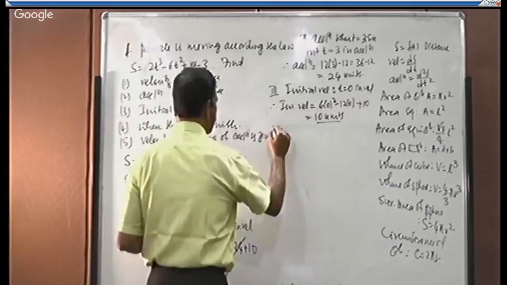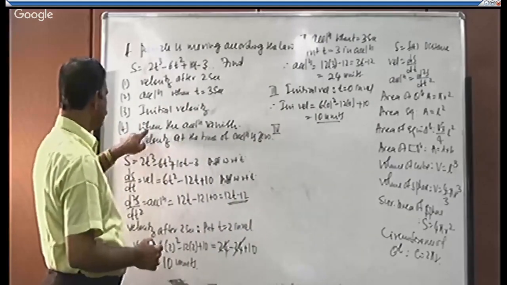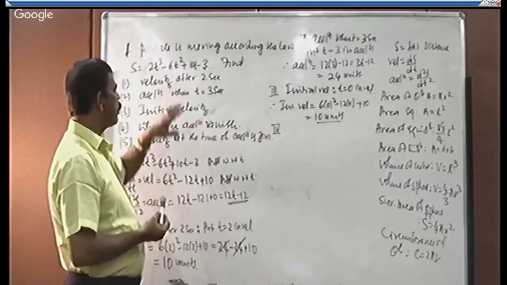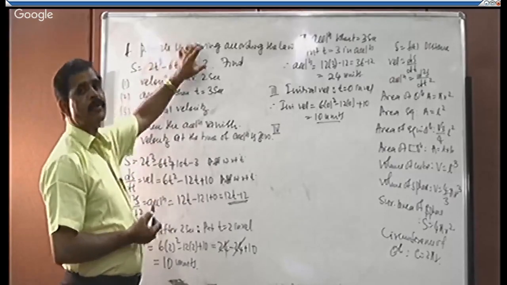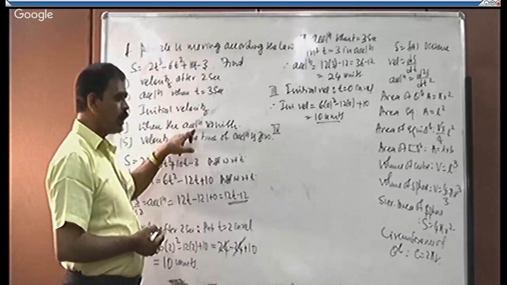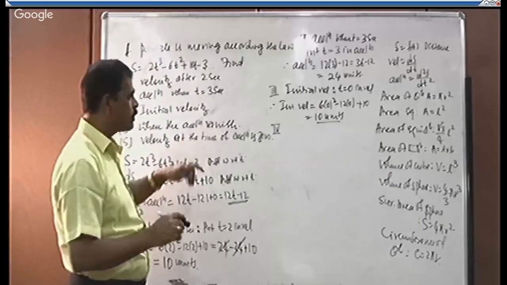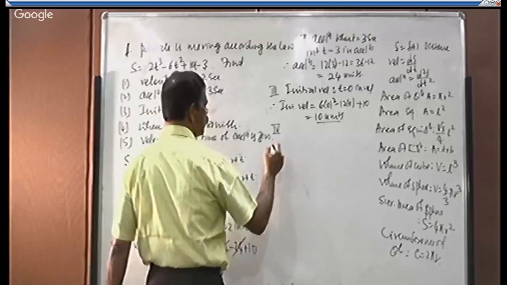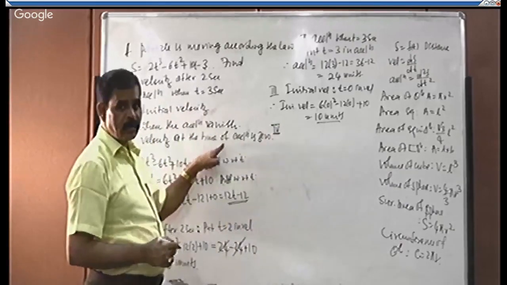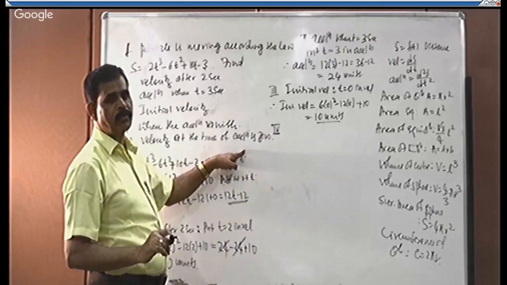What is the fourth one? Fourth one is when the acceleration vanishes. It means a moving body, when it comes to rest, then velocity is 0. If they ask when does the velocity vanish or when does the acceleration vanish, in that case you have to take that particular value as 0.